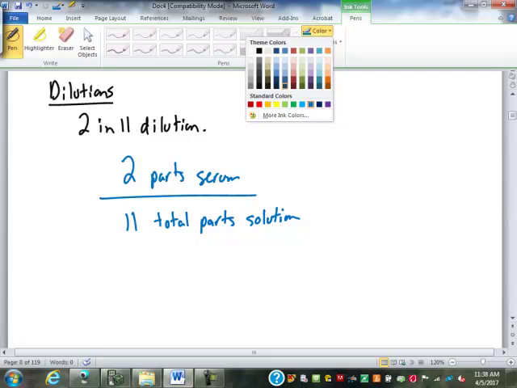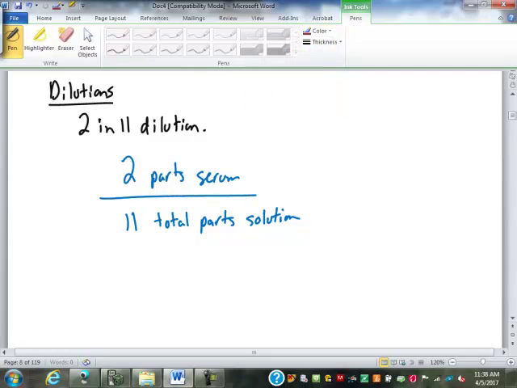So when we are working with that, let's say that we want to find the ratio of serum to water.